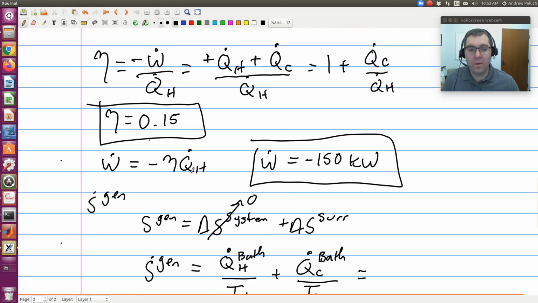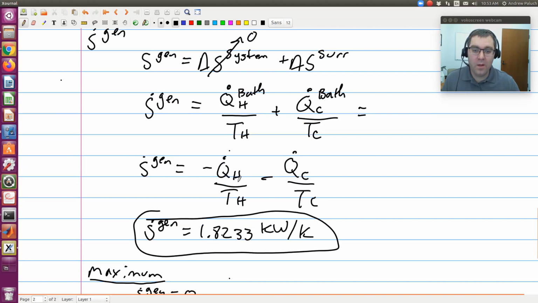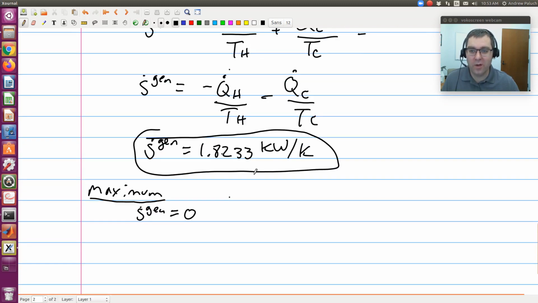If I go to my Sgen equation here, it'd still be the same. I have a cycle, so delta S of my system is 0. I'm still going to have heat exchanges as I have them labeled in my picture. I just don't know what their values are.